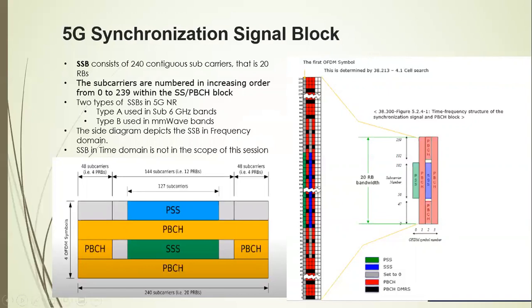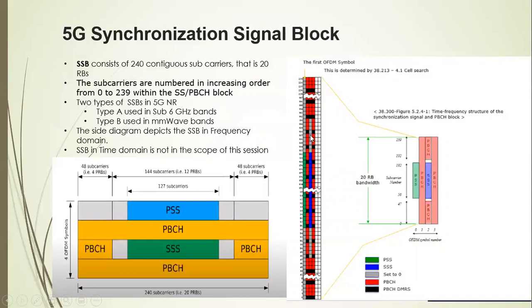So in the right side diagram, you can see the SSB occupies 4 OFDM symbols across 240 subcarriers, that means 20 resource blocks. And also you can see the synchronization signals are transmitted in the central 127 subcarriers, so that synchronization will not fail. I mean, it will be easy for the devices, and there won't be any interference or fading. And PBCH can be in the extreme 48 subcarriers on both sides.